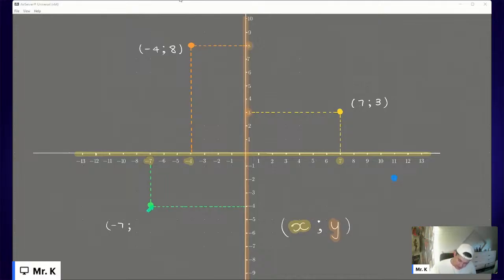So we can see over here that our green dot lines up with the value -4 on the y-axis. So -4 would be classified as the y value, right? So now we write -4 into brackets.